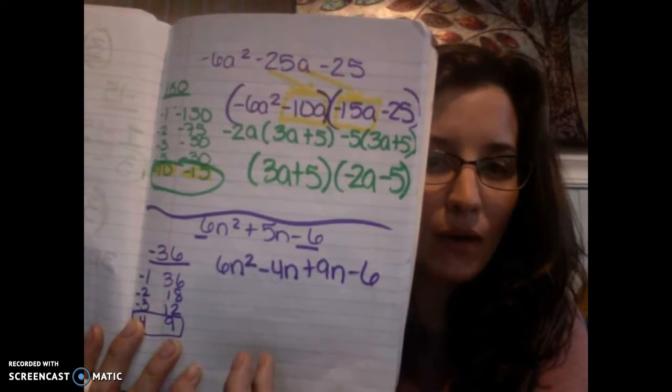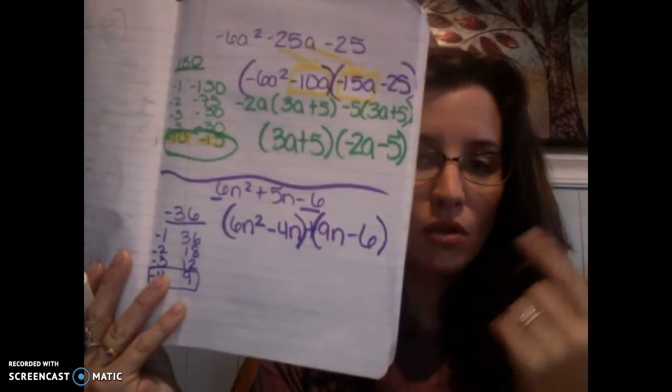I'm just kind of working backwards. Now I'm going to group the 6n squared and the 4n and the 9n and the 6. Substitute, group, now greatest common factor. What can be the greatest number and variable that can be divided into both 6n squared and 4n would be 2n, and what I end up with is 3n subtract 2.